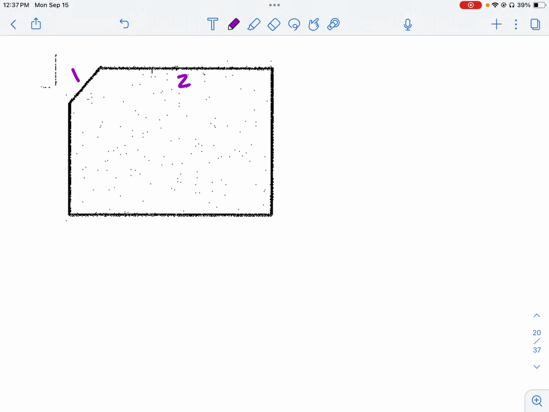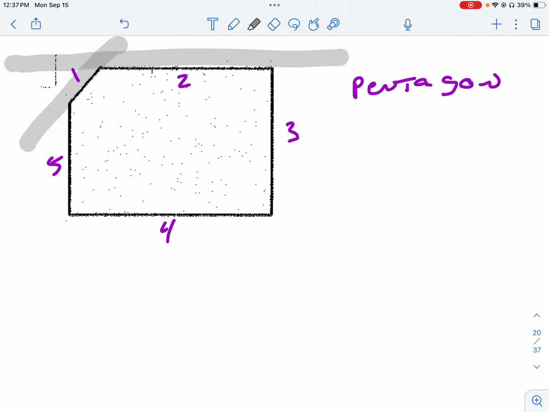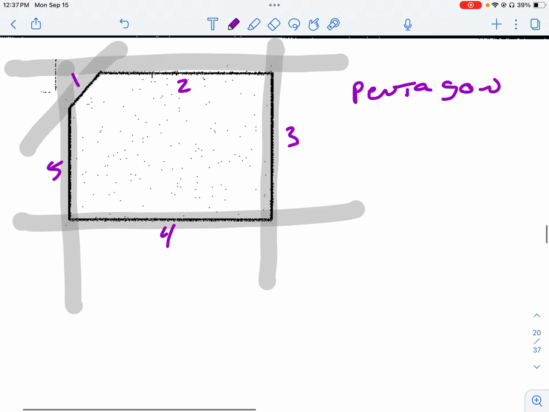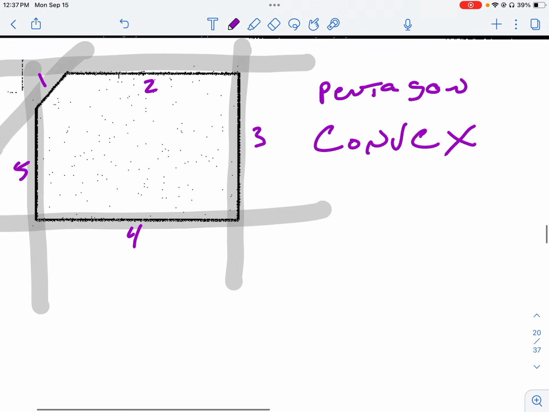Here we've got 1, 2, 3, 4, 5. It's a pentagon. And extending the sides into a line, no points inside. Convex.